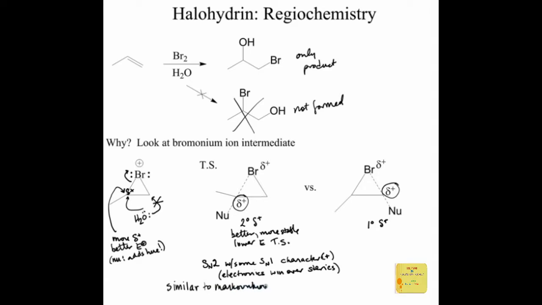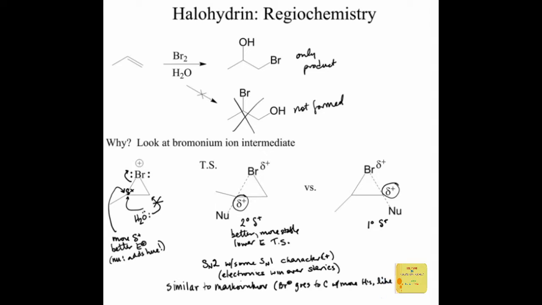Although we're not adding an H plus in our mechanism, we are effectively adding a Br plus. And so just like the H plus prefers to go to the carbon with more hydrogens, the Br plus prefers to ultimately end up there as well. Br plus goes to the carbon with more hydrogens, just like H plus did.